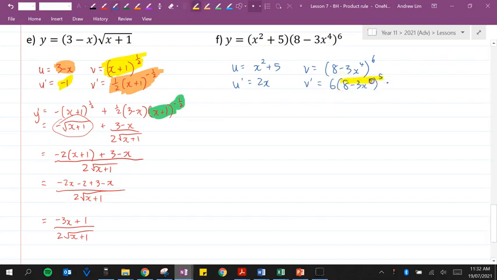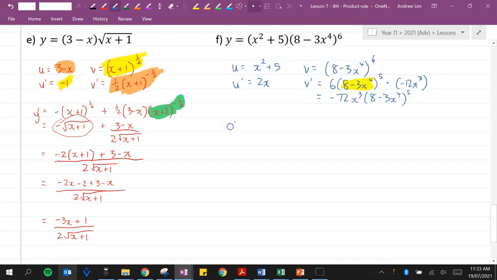Now, when we differentiate what's inside the brackets with respect to x, we get negative 12x cubed. So I'm going to multiply that out. We've got negative 72x cubed, lots of 8 minus 3x to the power 4 to the power 5.